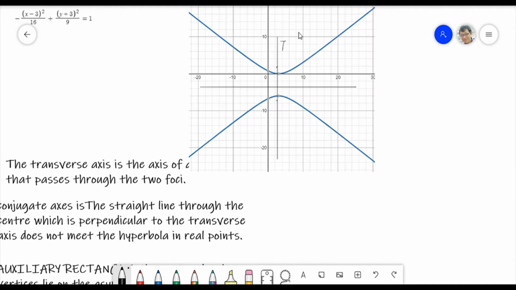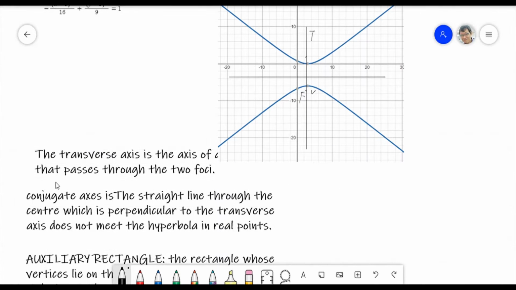This is a focus, right? So this is the transverse axis. There's another one that is exactly perpendicular to it and passes through the center. We call it the conjugate axis. So this is the conjugate axis.